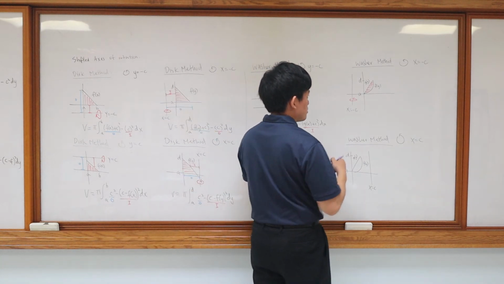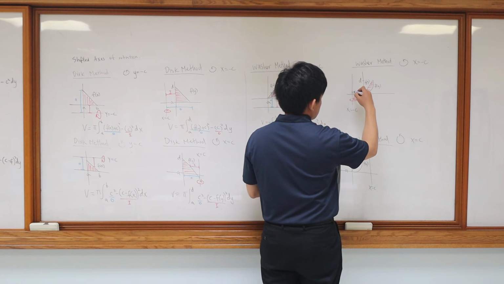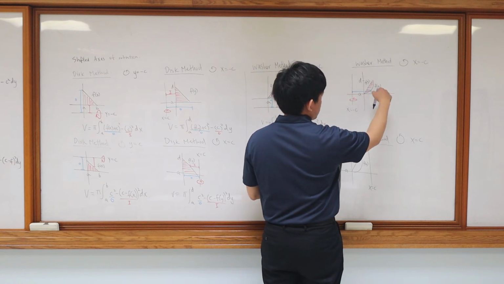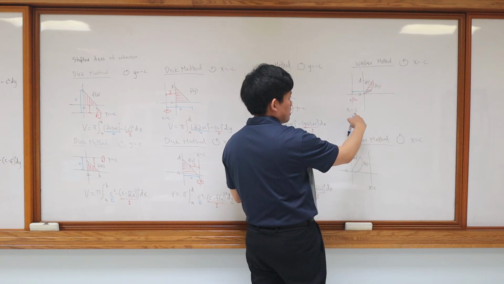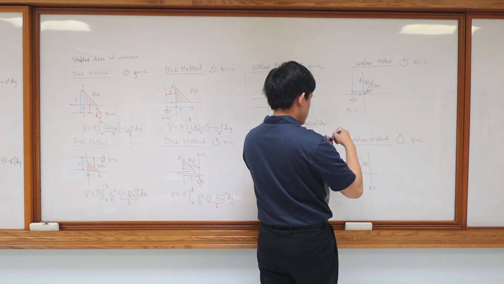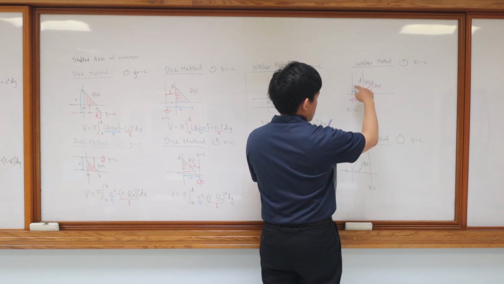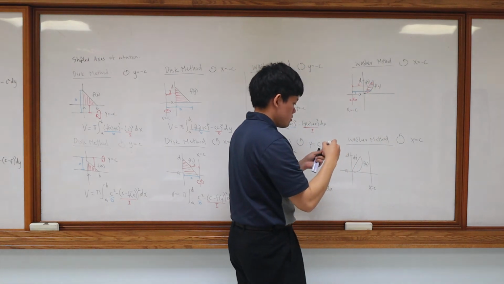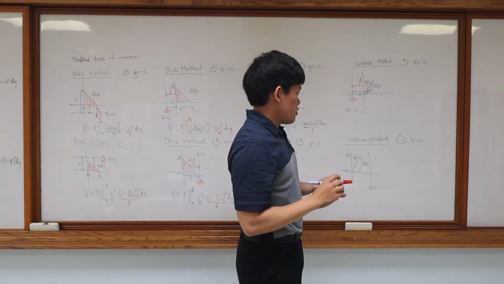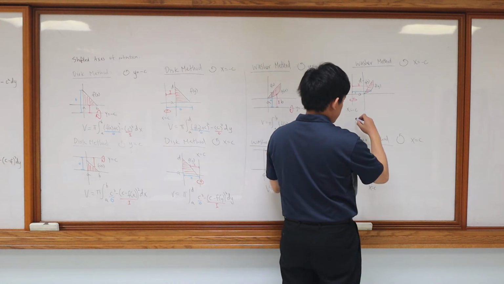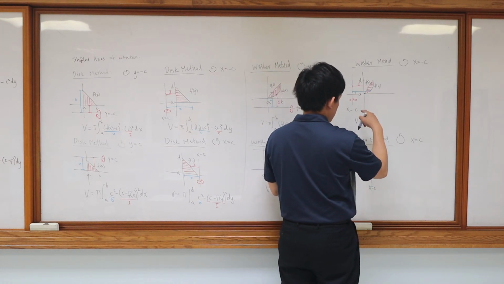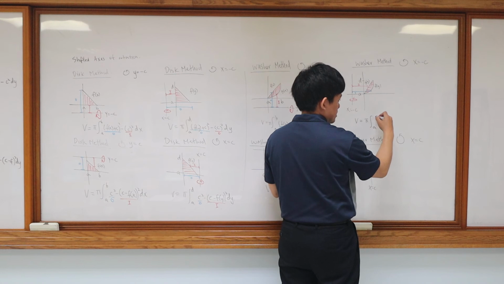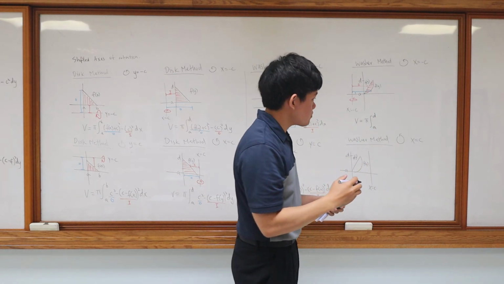So my outside function here is my function f of y to my c. That's my outside. My inner function here is going to be from g of y all the way to negative c. So in that case, this is my inner function, inner radius. So that means my volume here is equal to pi from a to d, since we're integrating with respect to y.